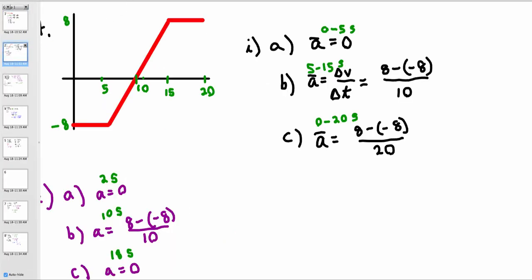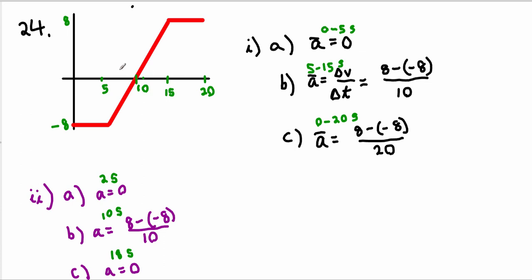Okay, the next question, 24, they give you a graph and it's asking for the acceleration at different times. So if I have a v versus t graph, the slope is the acceleration. So right here, the slope is 0. So for the first 0 to 5, the slope is 0, so acceleration 0.